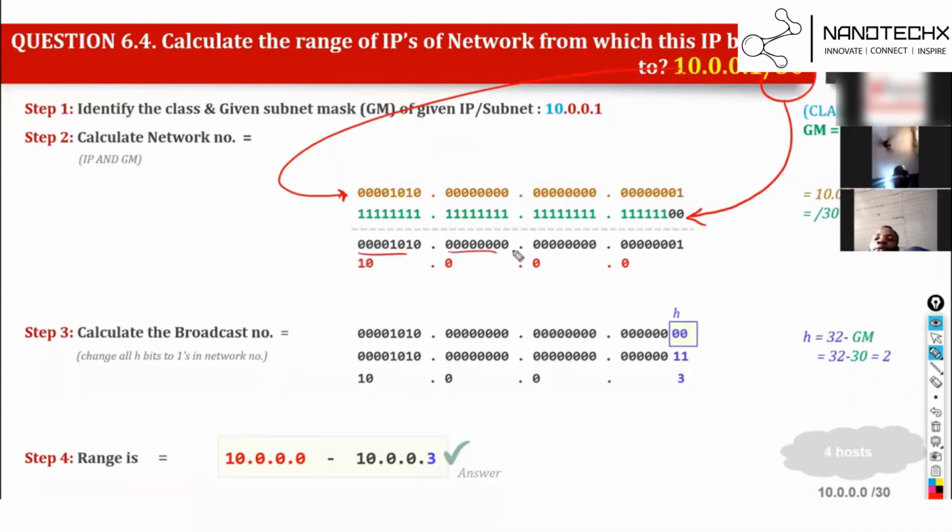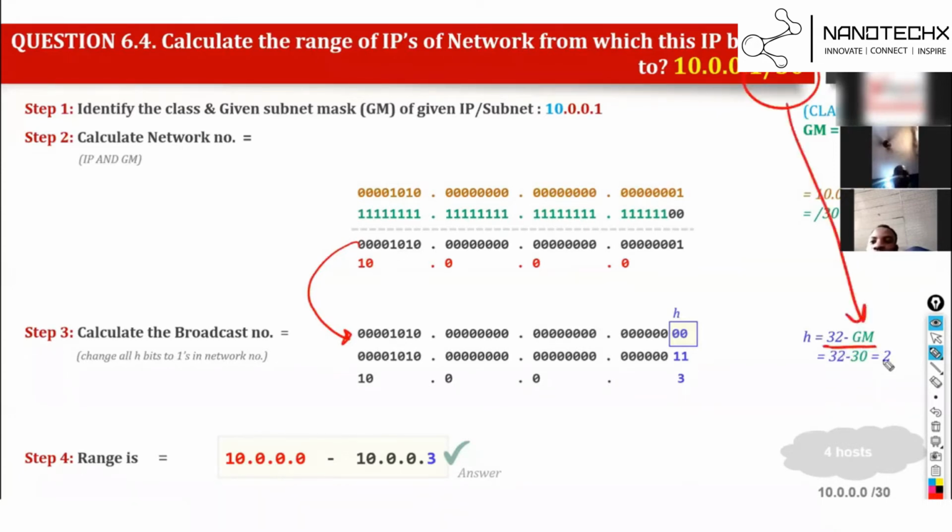The answer will be this, which becomes 10.0.0.0 in normal. So this is our first IP, which is our network number. Then we move this one again here, we write in binary again, and we find the value of H. H is 32 minus the given 30, so 2. It means 2 bits have to be changed.